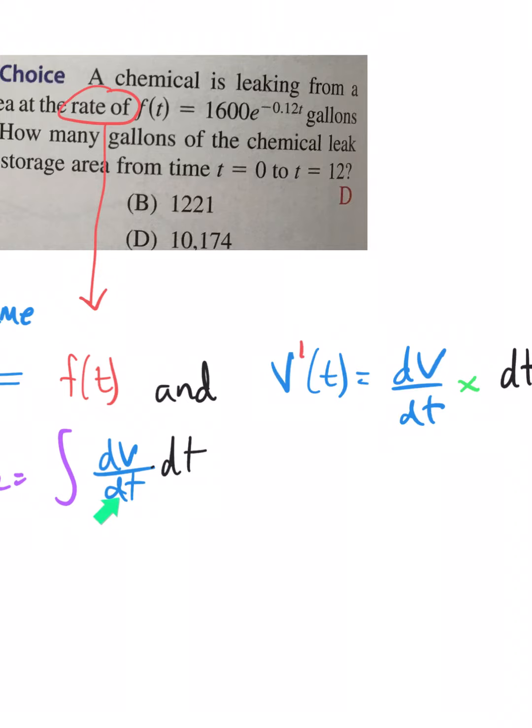Rate times time gives you distance, or in this case, volume. dV/dt times dt gives you the change dV.